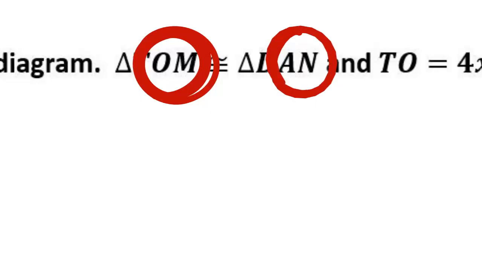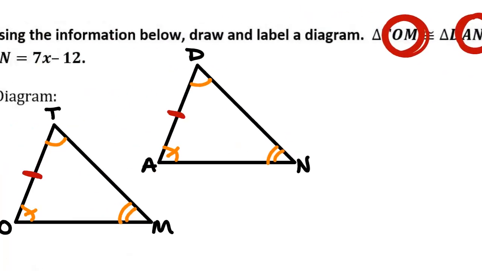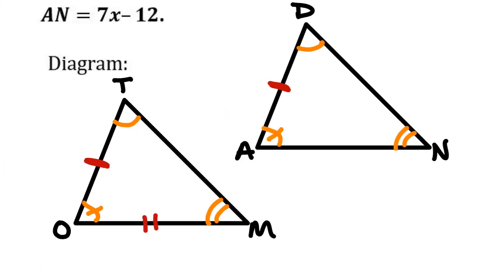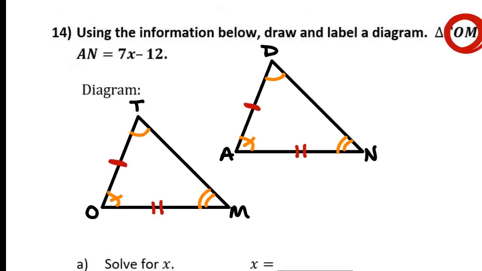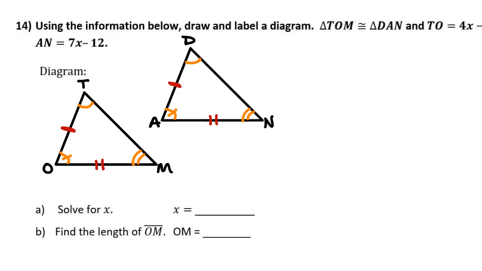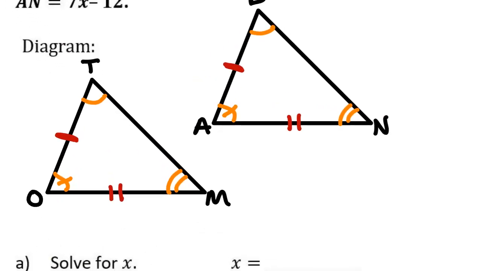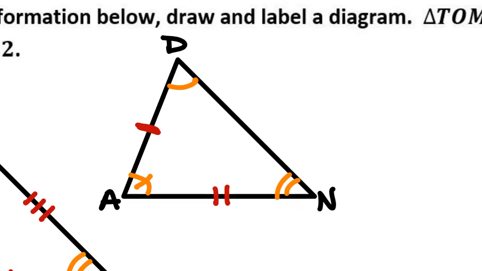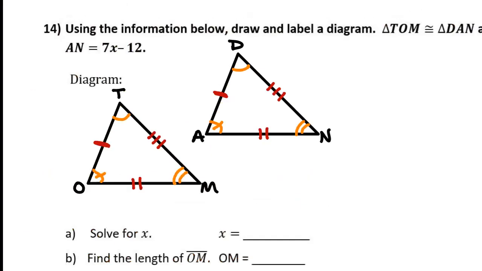OM and AN, middle and last letter, middle and last letter. And finally, what other pair of sides would have to be congruent? We already did that one. TM and ND, or DN, yes.